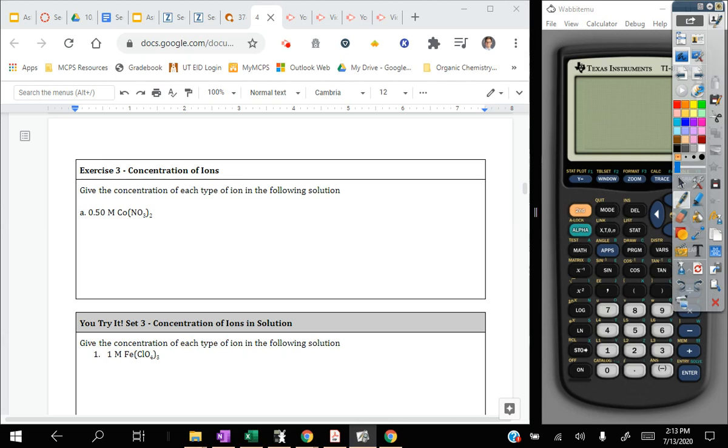Now, the way I figure that out is by looking at the charge in my dissociation equation. So I have Co(NO3)2, and this is going to split up into Co, I'm going to put the charge in a minute, but I'll put aqueous, and then there's a 2 on the outside of parentheses, so that becomes my coefficient, and then the NO3 nitrate polyatomic ion has a 1 minus charge.